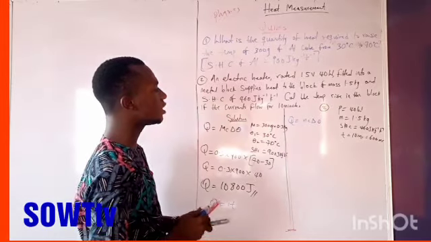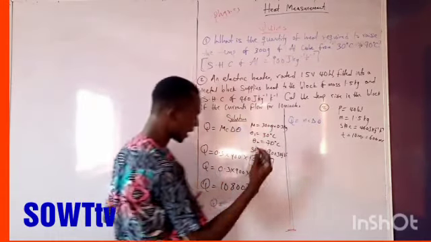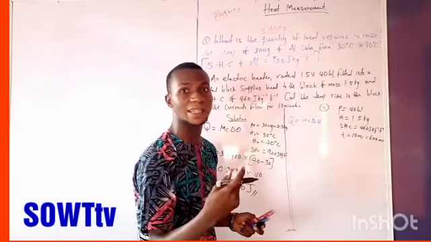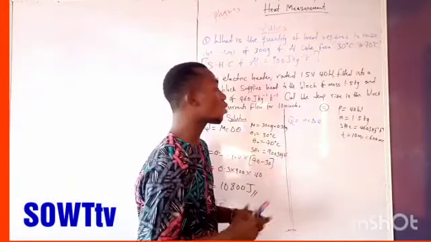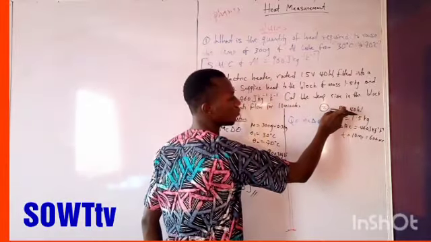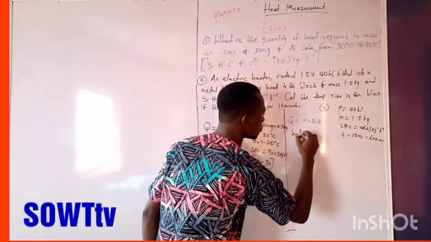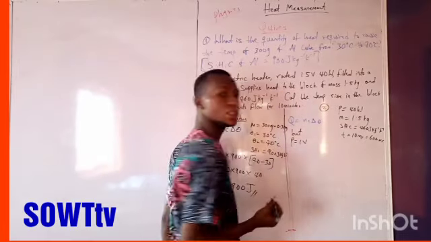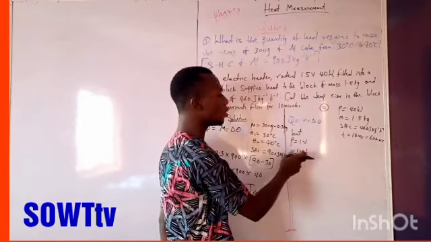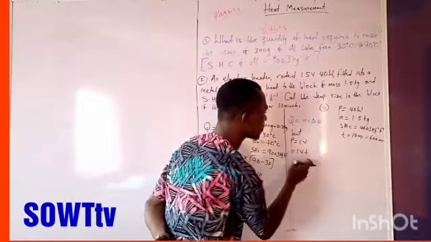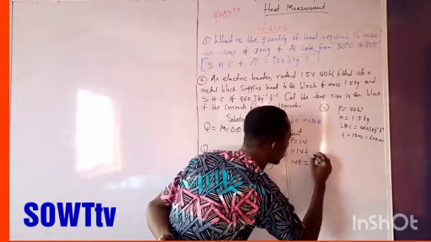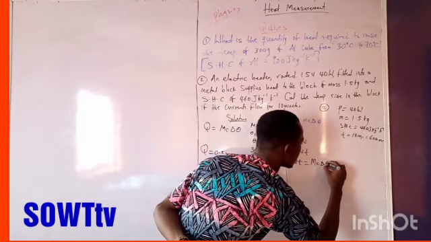From Faraday's law of electrolysis, the quantity of heat required equals current times time, and we have been given power, but P equals what? IV. So Q will be equal to IVT. Substitute, so we have IVT equal to MC delta theta.